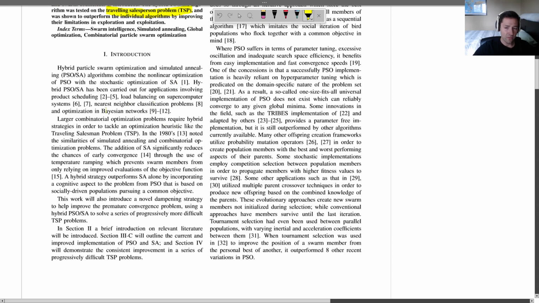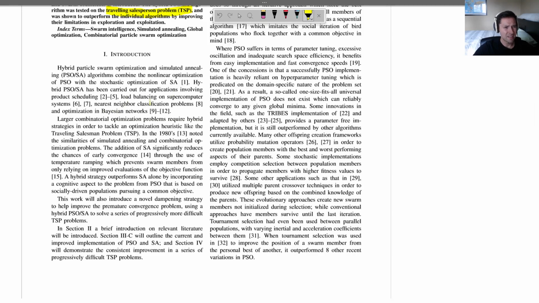It's used in many different ways: Bayesian networks, load balancing, and supercomputer systems. These tend to be NP-hard problems where there's a combinatorial optimization. There's a certain arrangement of things you need to do, and you're trying to think what is the best arrangement or best way of doing it, with the smallest amount of units of time or instruction sets. Ultimately, that's what this problem comes down to.